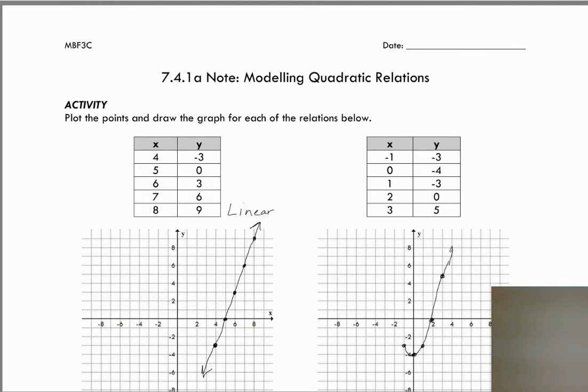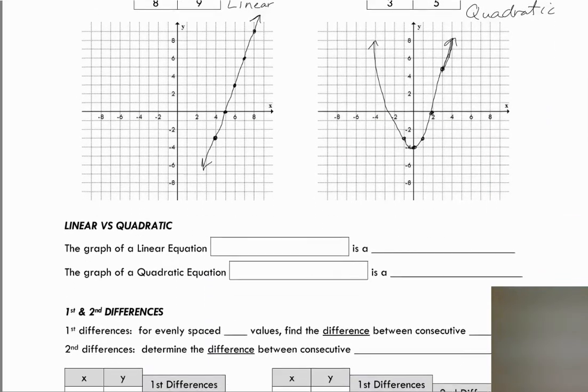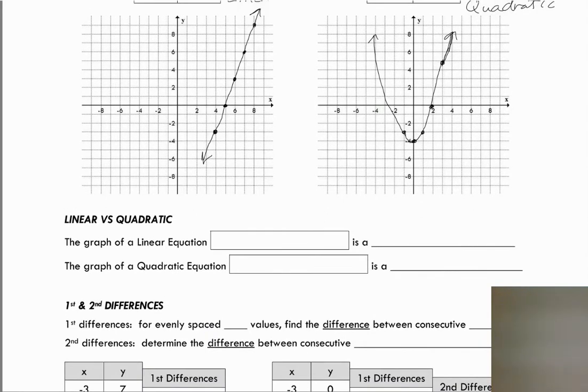And from previous knowledge, we know that this is going to be symmetrical. So in this case, I'll say it is quadratic. Okay, so linear versus quadratic.